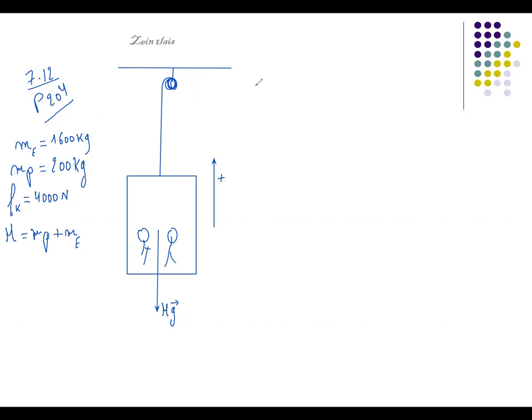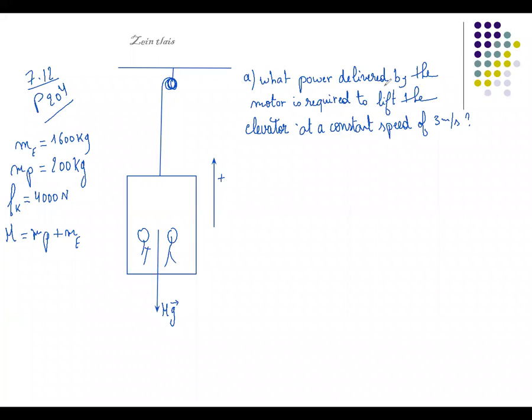Okay, the question is, we have to find what power delivered by the motor is required to lift the elevator at a constant speed of 3 meters per second.